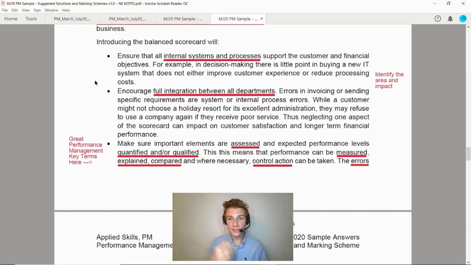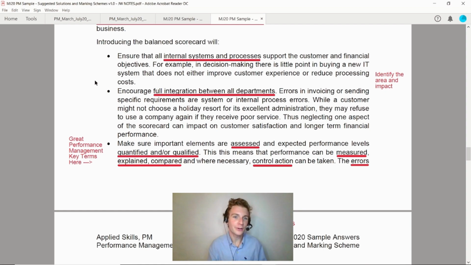So to support the customer and financial objectives, for example, decision making, there is little point in buying a new IT system, so apply it to the scenario again. What would you do in their situation? Does not either improve customer experience or reduce processing costs. So in other words, if you're going to put something into the business, it's got to be effective, otherwise what is the point?